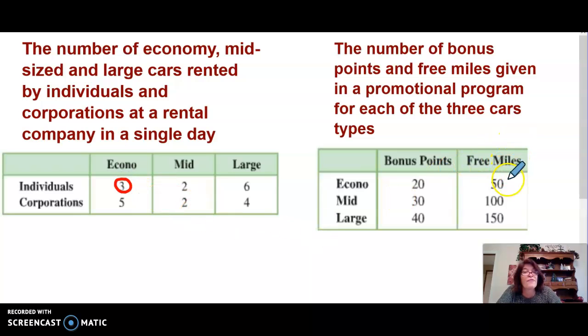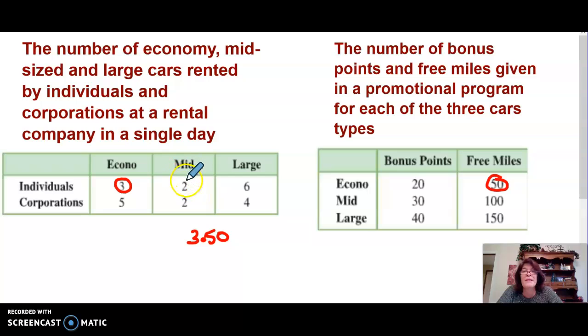And 50 free miles are given, right, for each economy. That's per car, okay? So we're going to have to take 3 times 50, right? There were 50 free miles given per economy car, and there were 3 economy cars rented out to individuals.